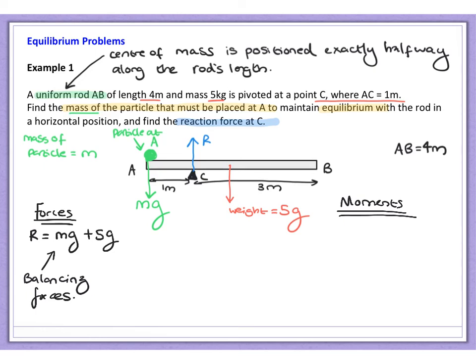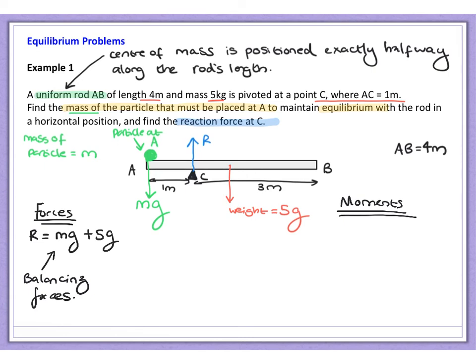So it makes perfect sense to calculate moments about point A, because that would eliminate the green force there, the weight of particle A. Or alternatively, it makes a lot of sense to take moments about point C because we then eliminate the force R.